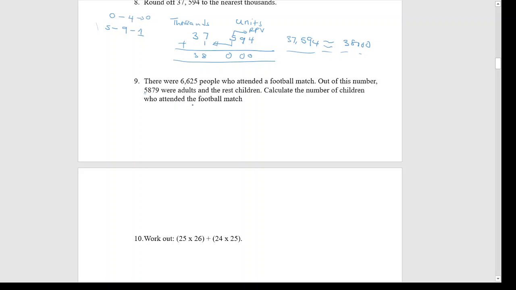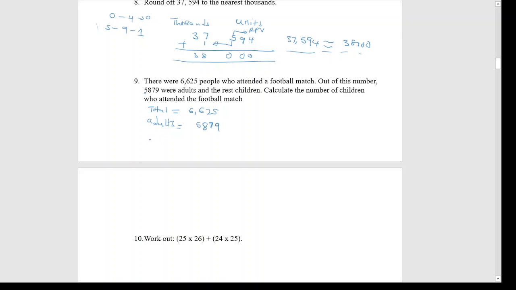I think this is P4 work, right? If not P3. Now I think you know what we are going to do to get the number of children. First of all, the total is 6,625. Then the adults are 5,879.